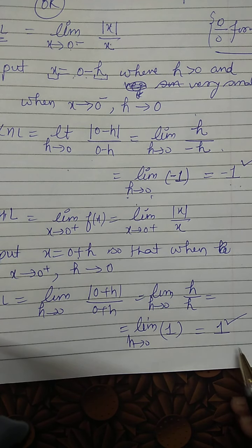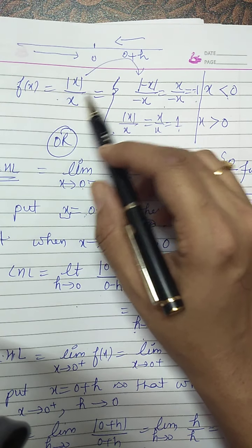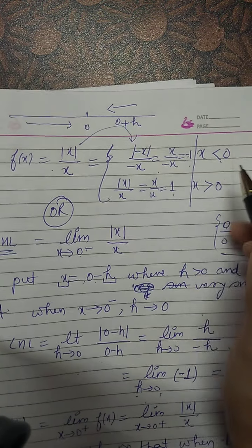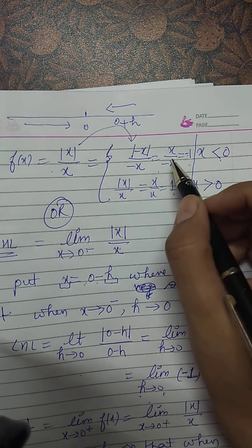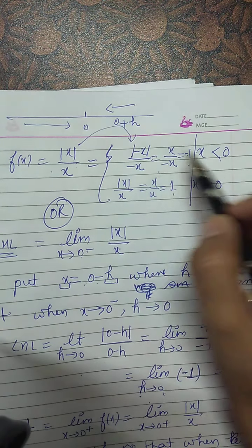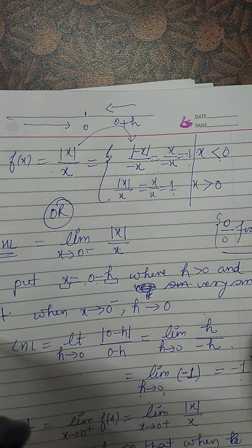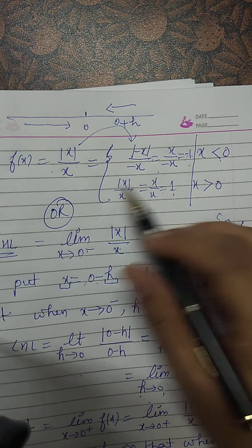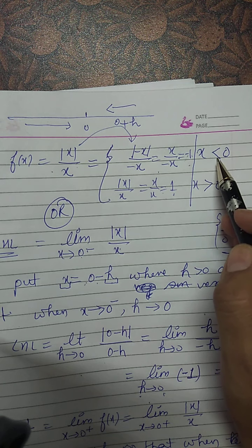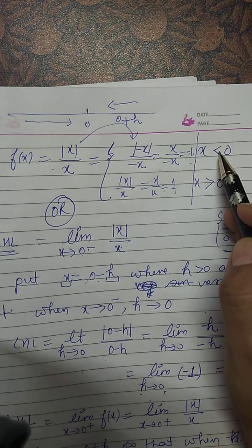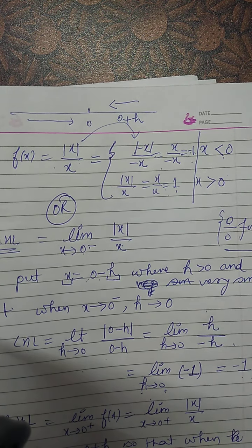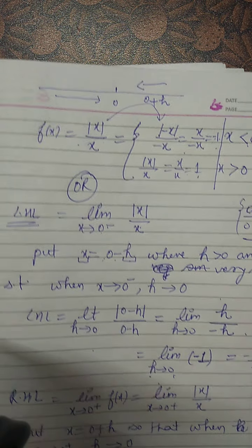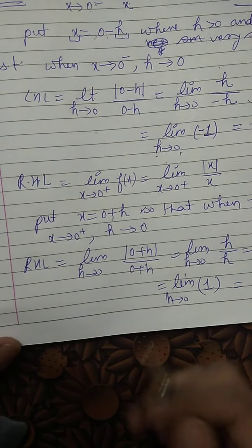Same thing I have done here: first I applied the definition of the signum function, and then when I calculate the left hand limit, it is the limit as x approaches 0 from the left of minus 1, so the answer is minus 1. The limit as x approaches 0 from the right of 1 is 1, because the function is minus 1 for all x less than 0 and plus 1 for all x greater than 0. So directly our answer is that the limit of the function does not exist. So here we will end.